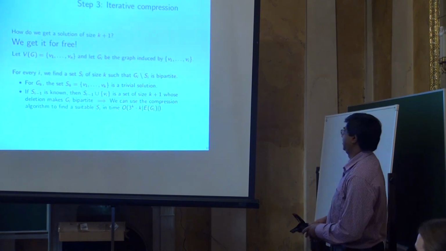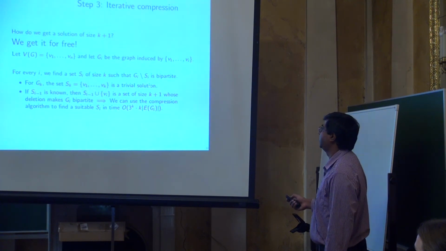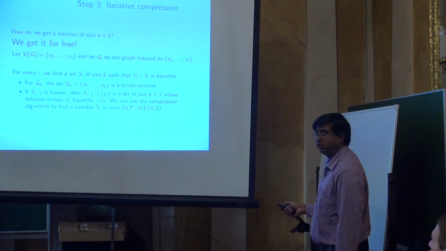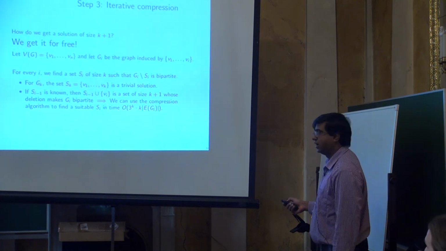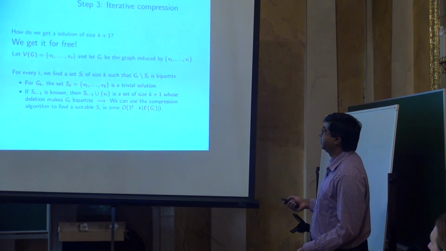So this is why I said that for every i we find a set S_i of size k such that G_i minus S_i is bipartite. For G_k, this is a trivial solution. For S_{i-1}, if it is known, then S_{i-1} union {v_i} is a set of size k plus 1 whose deletion makes G_i bipartite.